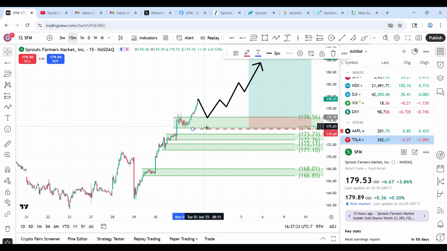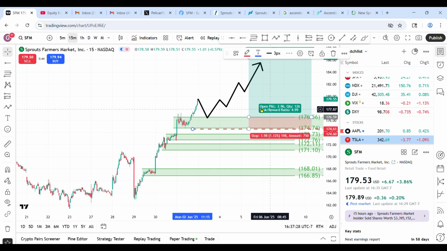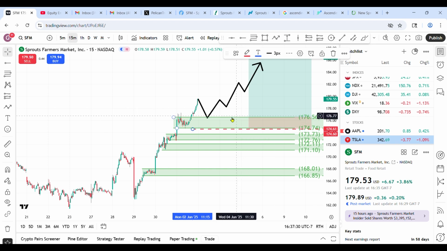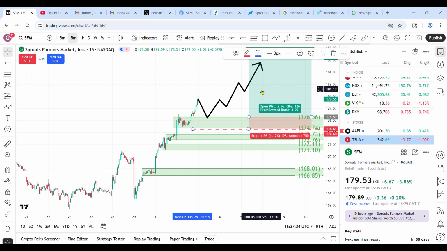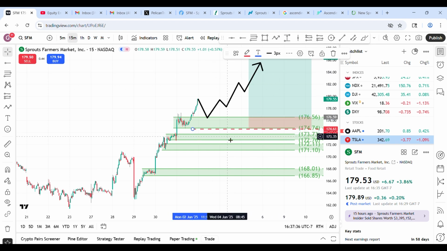So if we pull back and continue pulling back, you only take less than a couple of dollars worth of risk per share for that particular trade, for much greater reward potential. Once again, if you wanted to take one of these other levels, you could. And if you wanted a much greater price discount for your entry, you could consider this good looking support level down here in the 168 price range.